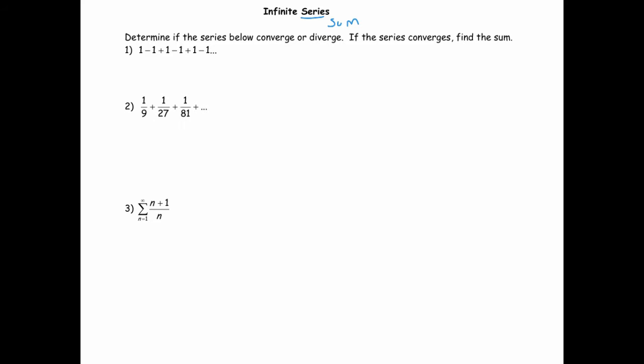But in any case, you can see that the examples below are examples of infinite series. The dot dot dots at the end of examples 1 and 2, and the infinity at the top of the summation sign in number 3 indicate that these are infinite series. So we're interested in finding whether they converge or diverge.